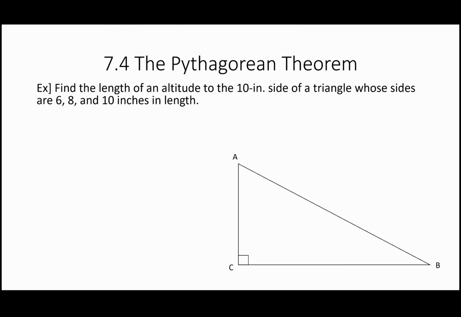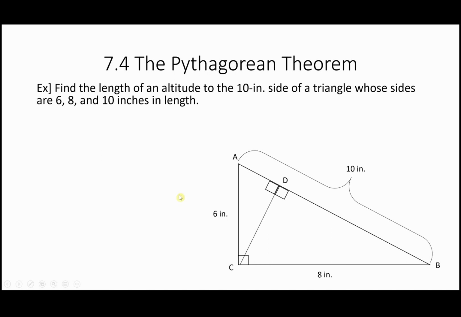Here is a right triangle ABC that I'm going to put an altitude to. So there's the altitude auxiliary line CD that I'm adding to it. And I'm going to go ahead and affix the appropriate lengths to what I know has to be a right triangle, because 6, 8, 10 is a scalar multiple of 3, 4, 5, which is a Pythagorean triple.